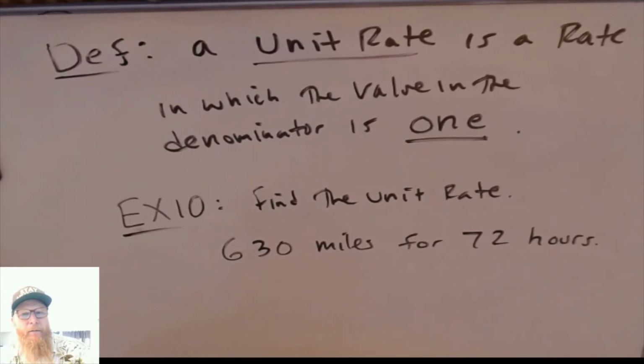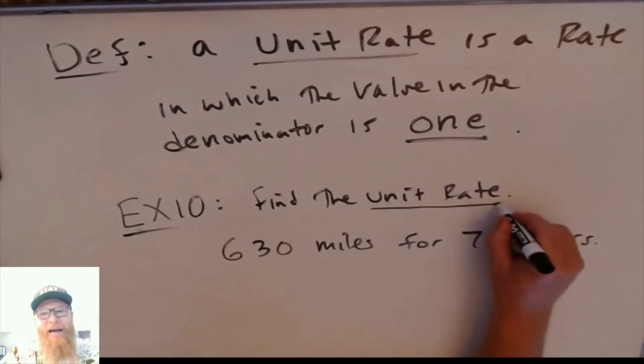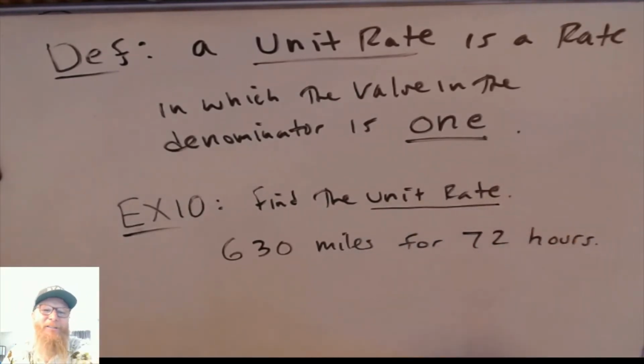All right, so that's a long time. That's like 3 days, and I went 630 miles. Maybe I'm riding a bike or something. So the unit rate, you can just divide it.